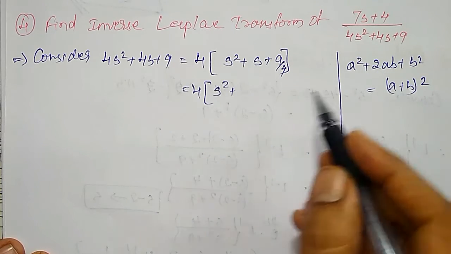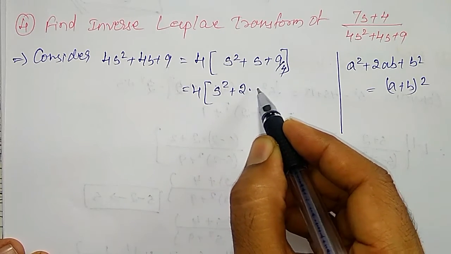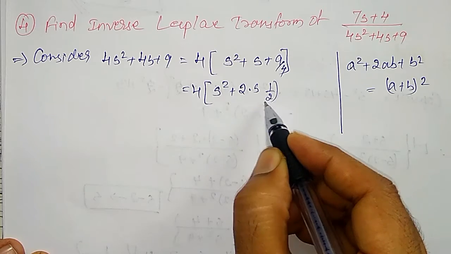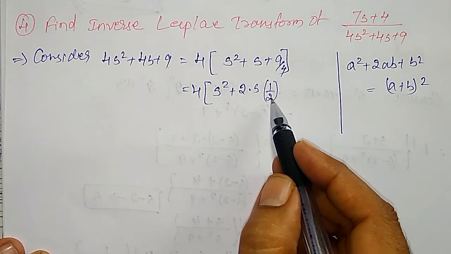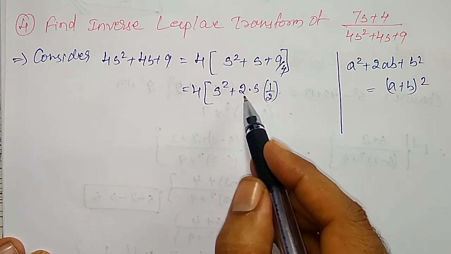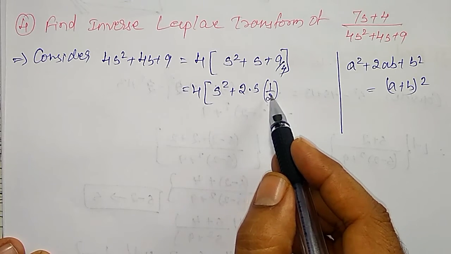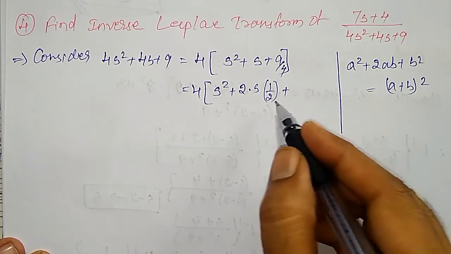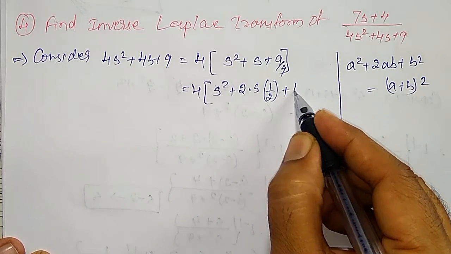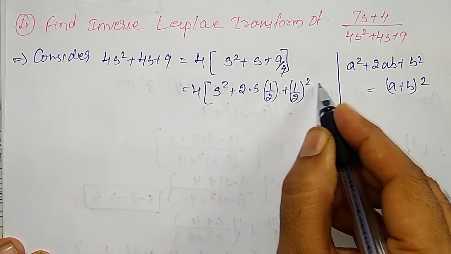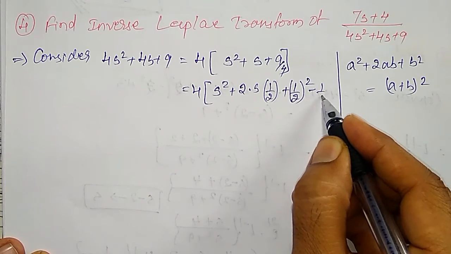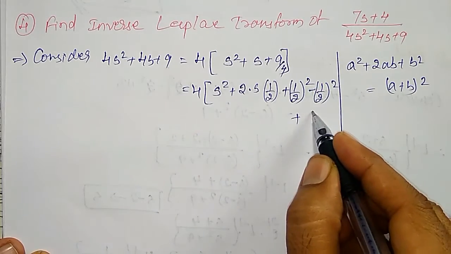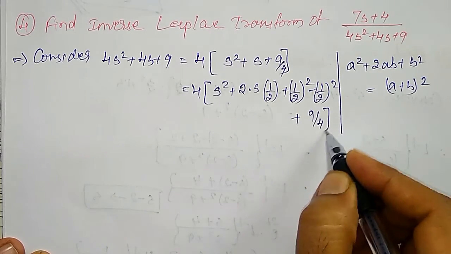To adjust, 2 into s is already there, that extra 2 I multiplied, therefore I will divide by 2. This will act as my b now, 2ab, correct, 2 will remain, but this will act as b, plus b square I want. b is 1 by 2. That is 1 by 2 square I have extra added, so I will subtract 1 by 2 the whole square also, plus 9 by 4 as it is there already.